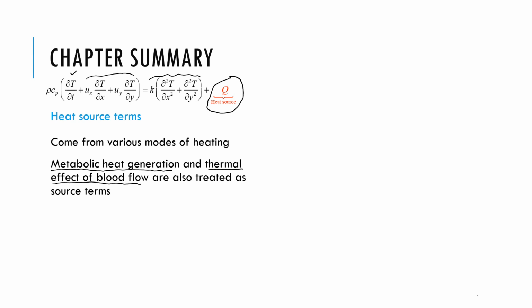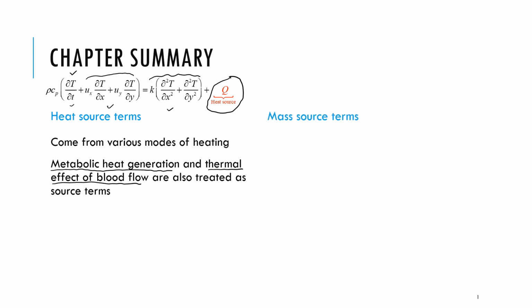So it's important to think again that the heat source term is sort of any other source of energy being converted into thermal energy, and it's separate from conduction, separate from flow, and separate from transient.